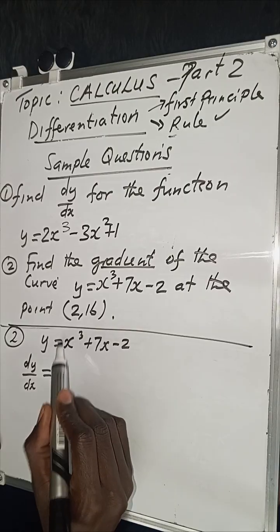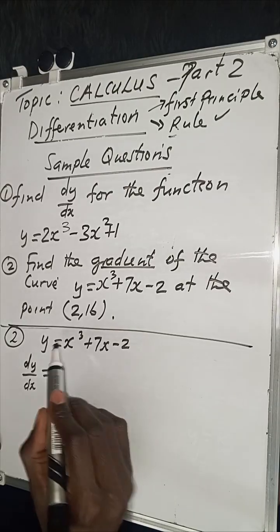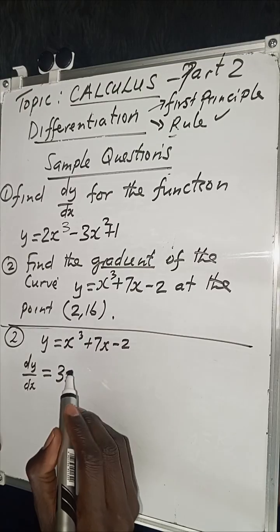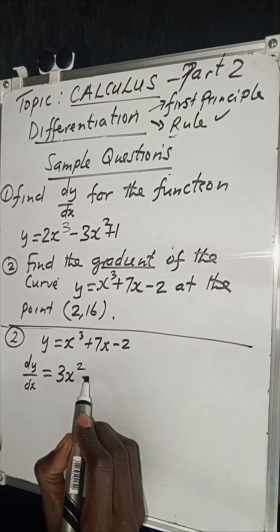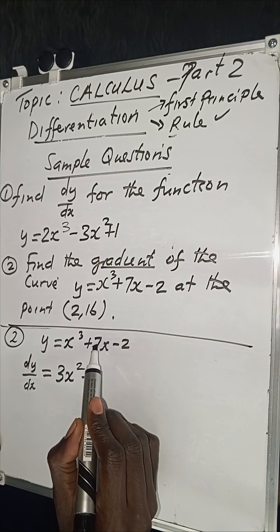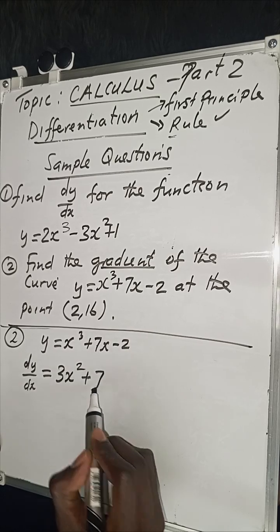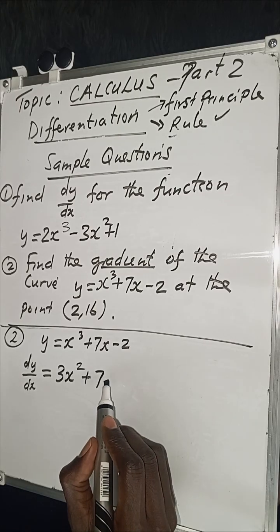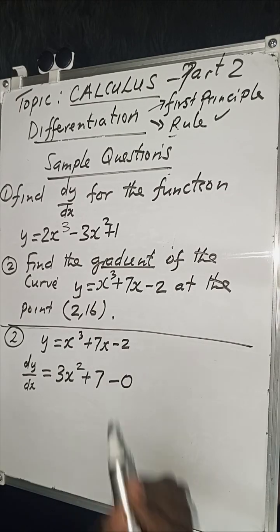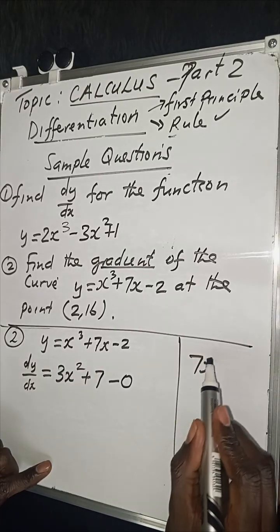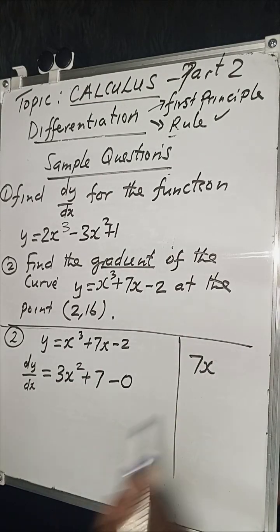So remember, 3 times what number is in front there? It's 1. So 3 times 1 is 3, then x, and that power reduces by 1, so 3 minus 1 gives 2. Plus, I told you if you have a number and a letter, you're just going to remain with the number. A constant will always give you a 0. Let me go back on 7x. What that simply means is that there's a 1 here.